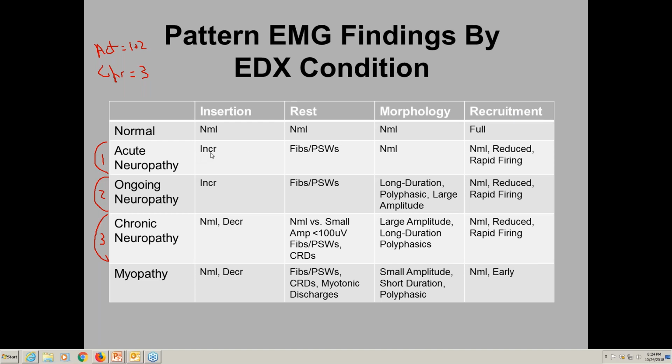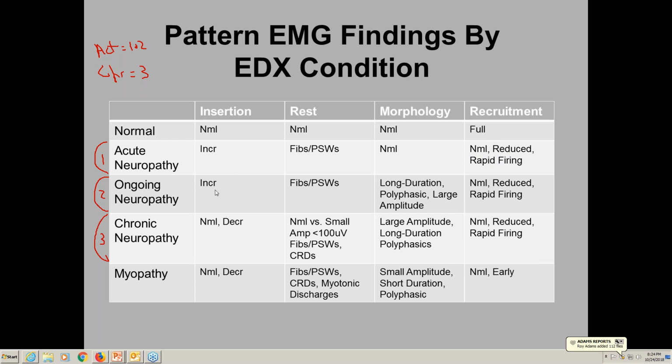Acute neuropathy: increased insertion, fibs and positive waves, but normal morphology. There hasn't been time, Kathy, right, for collateral sprouts or reinnervation to have occurred from regeneration. Recruitment may be normal, could be reduced in rapid firing, depending on how severe the neuropathy is.